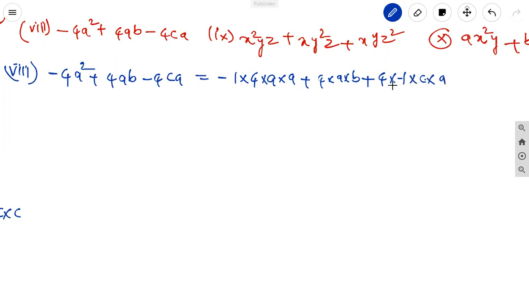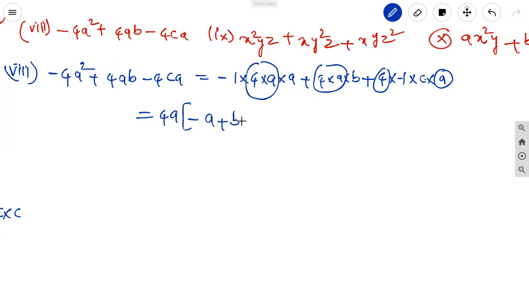And we can take minus 4 also, no worry about that. And here what are the common? 4a, 4a, here 4 and a. Taking out 4 into a, 4a, minus 1 into a, minus a, plus b, minus 1 into c, minus c.